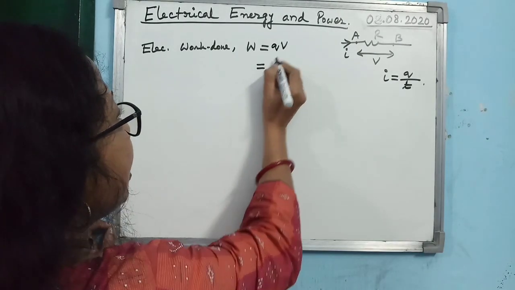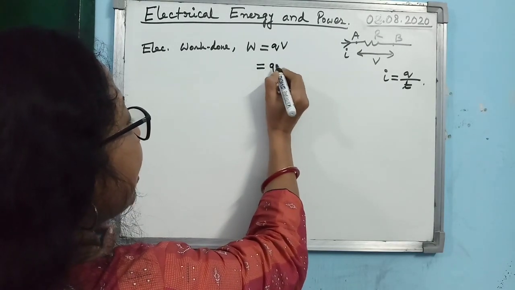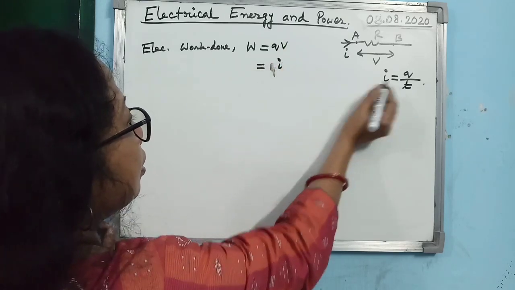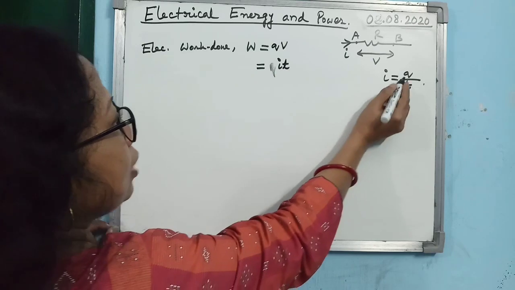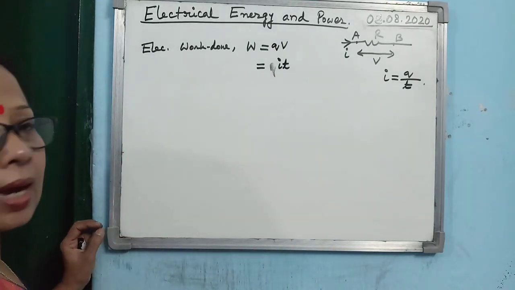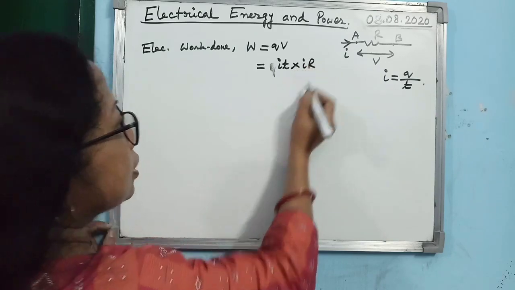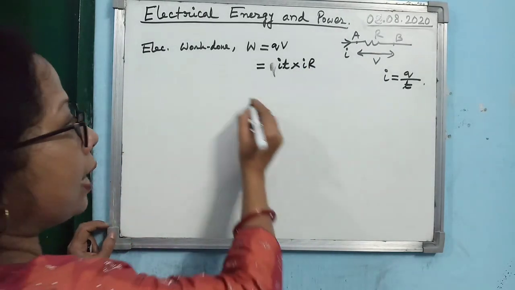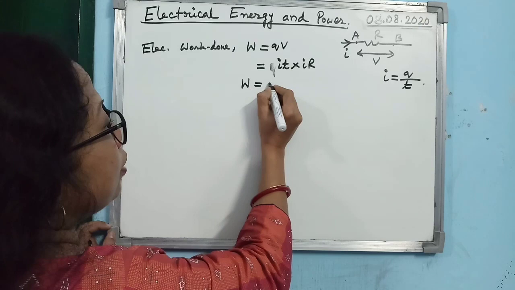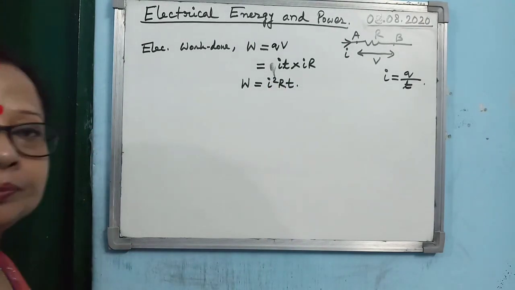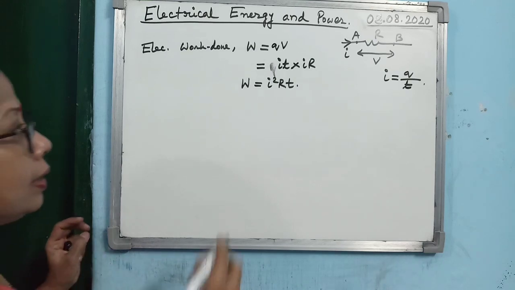Now you can write Q is equal to I into T and V is equal to I into R. So you see, W you can write as I square RT. Clear?